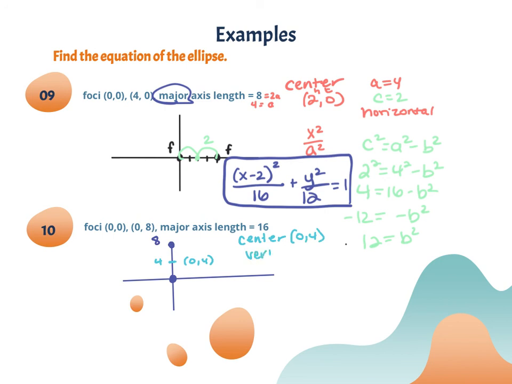This is vertical, so the Y gets the A. And C is from the center to the focus, from 4 to 8 or 0 to 4, is 4. A would equal 16, so A is 8. And then I just have to do C squared equals A squared minus B squared to get B. But again, because it's vertical, the Y gets the A.